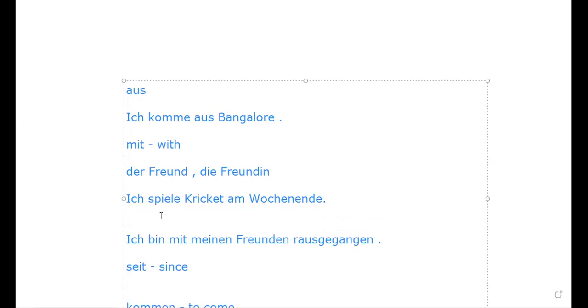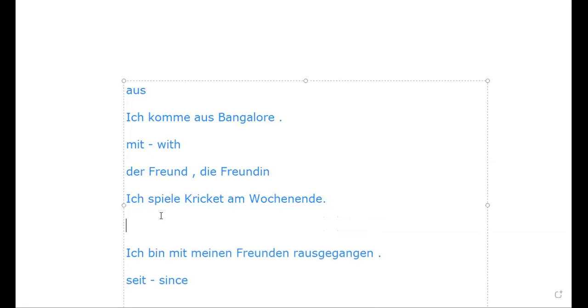If I want to give priority to the situation in the weekends, I can start the sentence like this: Am Wochenende, in the weekend, am Wochenende spiele ich Cricket. But in both sentences, you can see the verb in second position. You can do that. You have the freedom. You can take the subject after the verb also.